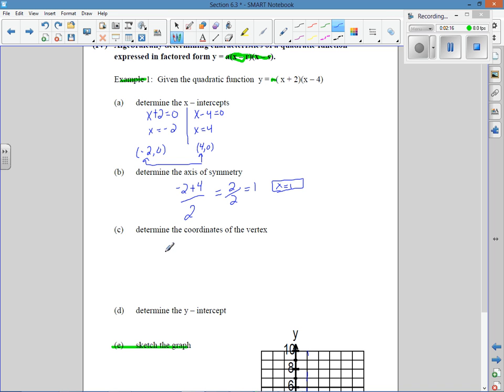Coordinates of the vertex. Well, we know that our x value of the vertex is going to be 1 because it has to be the same as the axis symmetry. We can take this value, put it back into our graph up here. So where we see x, we'll put 1 back in.